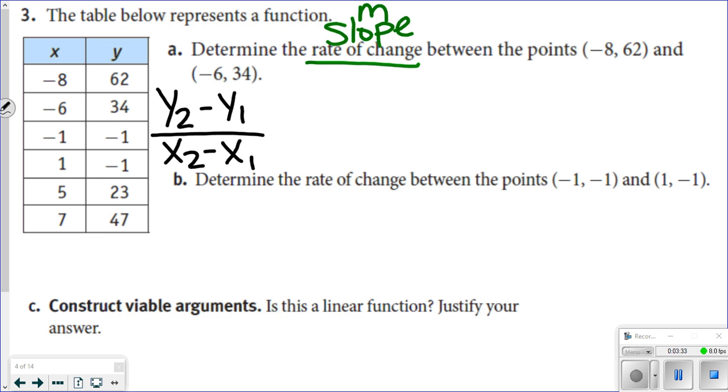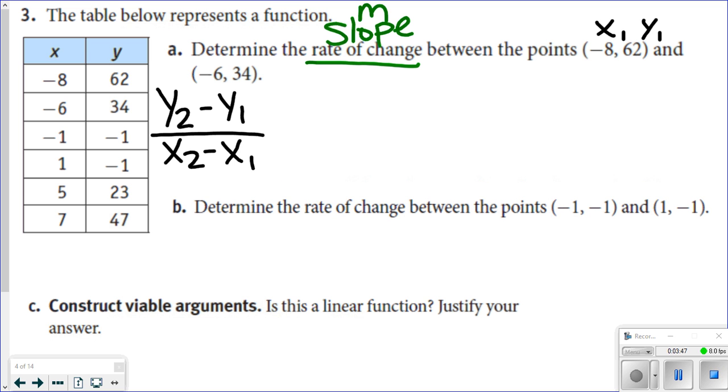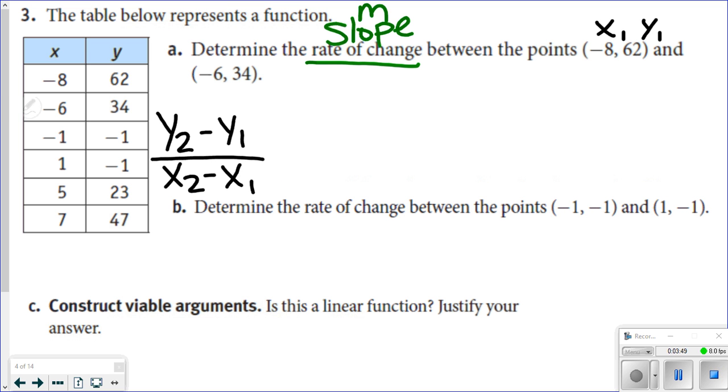So I'm going to label these points to help you out. This is our first point, x, y, and because this is our first point, it gets 1s. Okay. This right here is our second point, x, y, so it gets 2s because it's our second point. So let's plug it into the formula.